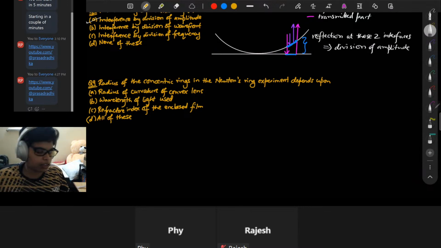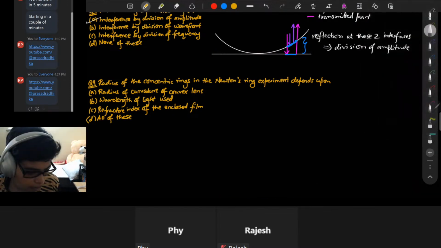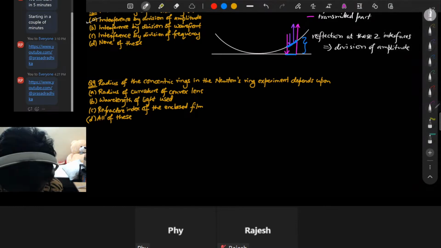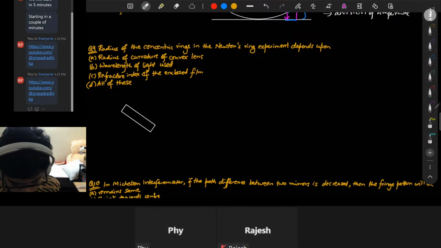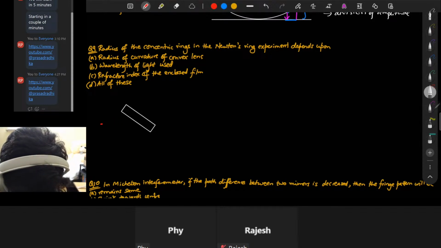So let me first draw the setup for Newton's ring experiment. In Newton's ring experiment, we have a beam splitter or a partially silvered mirror. Then there is a source and light is incident.